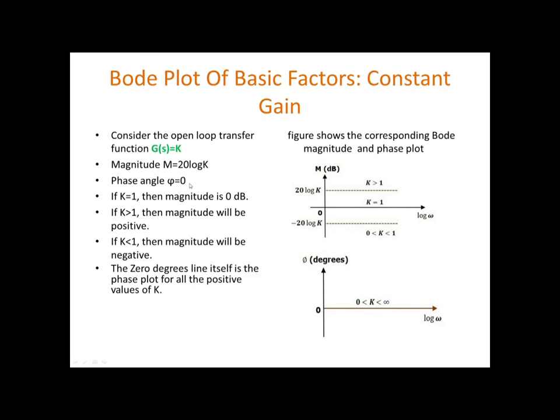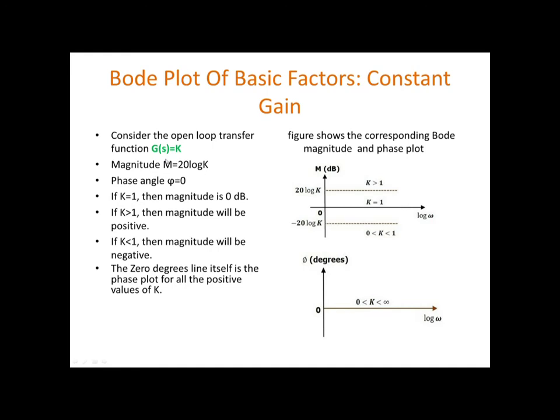Now, there will be three cases: when K is greater than 1, K is equal to 1, and when the value of K lies between 0 to 1. So, let us consider the first case when K is equal to 1. If we put 20 log K, here K is equal to 1, then log 1 becomes 0.